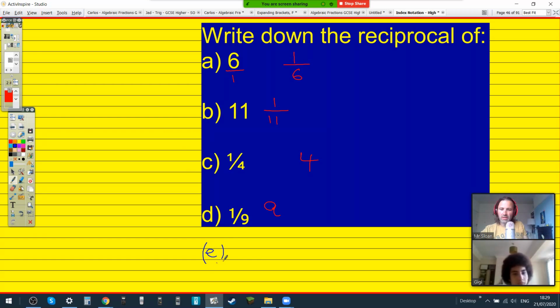So what if the number was 8? 8 times 1 will make 8. We wanted to make 1. Oh, 8 divided by 1. 8 over 1. That's the same as 8. So it'll be 1 over 8. Yeah.